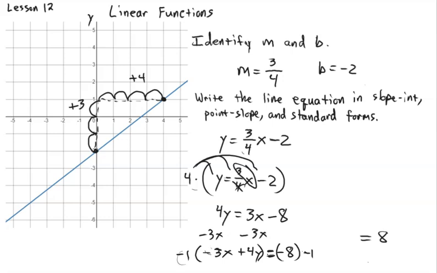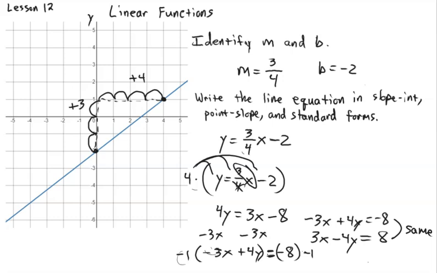And negative 1 times negative 3x just becomes 3x. And negative 1 times positive 4y becomes minus 4y. And so negative 3x plus 4y equals negative 8, and 3x minus 4y equals 8. These are the same. They're the same line, okay? I don't want to get you confused, but it's just true that they're the same line, okay?